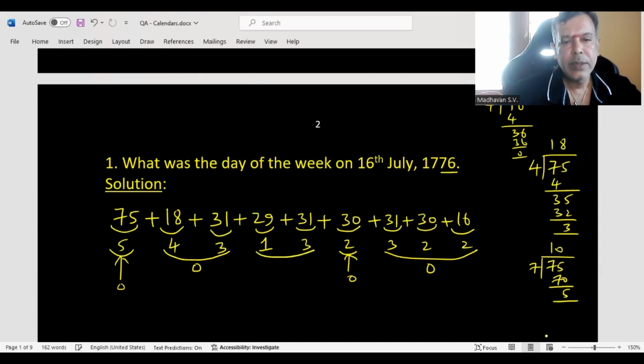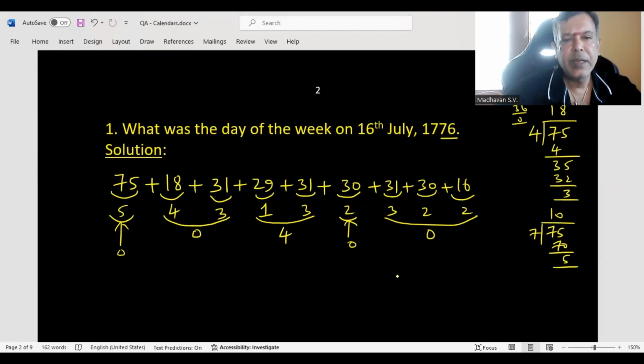And then the remaining together will become 4. Instead of adding all these things and then dividing by 7 to find the remainder, we are individually dividing by 7 to find the remainder. The final remainder is 4.